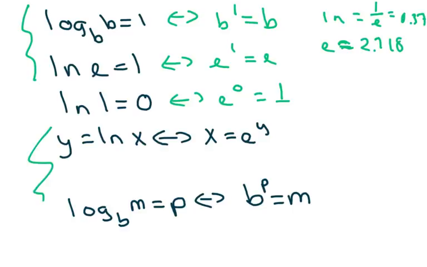And here are some formulas that you should be familiar with. Basically, if I take this right here and switch the x and y and take the ln of both sides, I get this. Same thing for this.